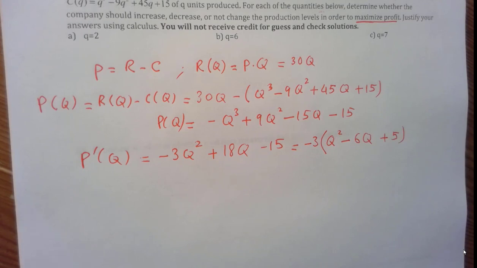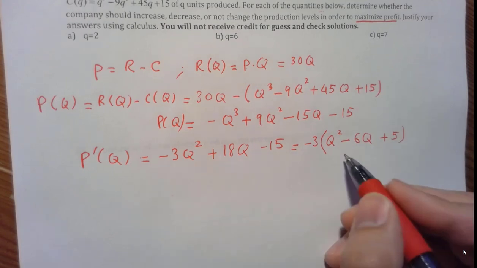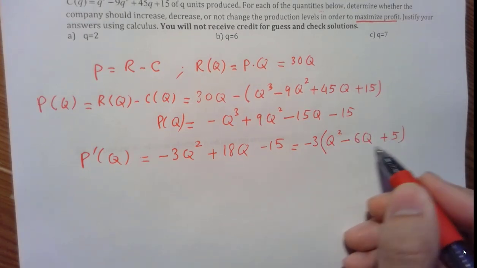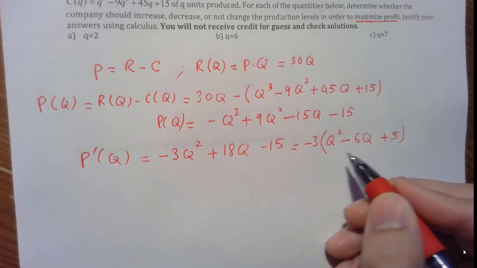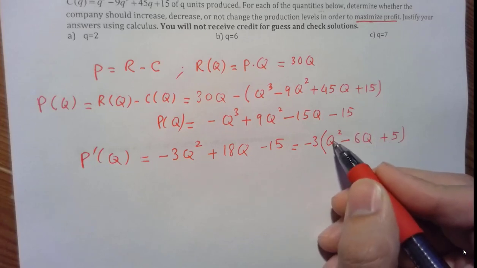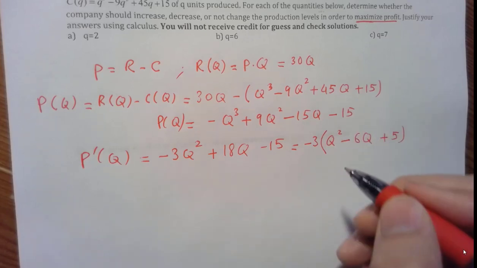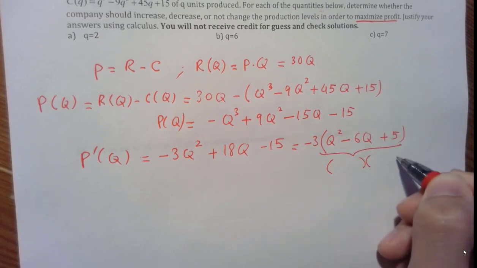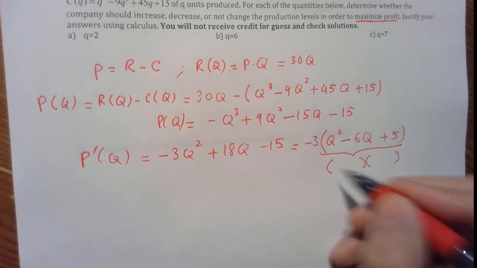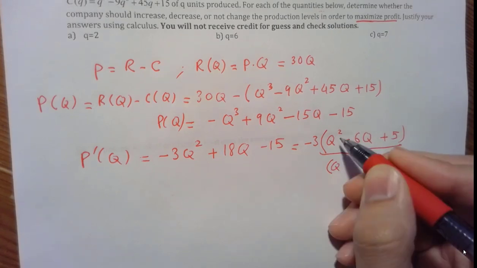And we want to further factor this trinomial. This is a trinomial with 3 terms. The square term has a coefficient of 1, so we can factor it into the product of 2 binomials. Q and Q give me Q squared.